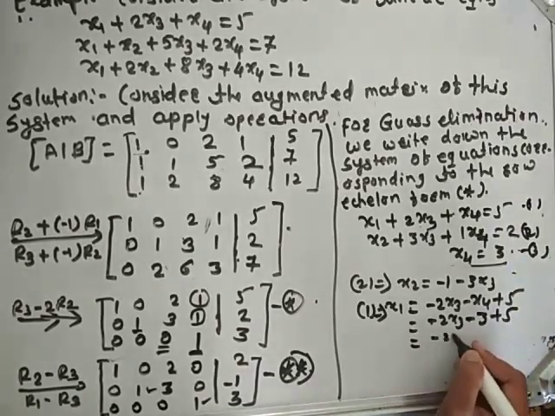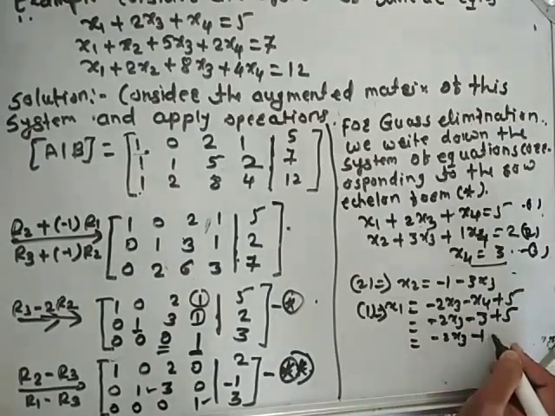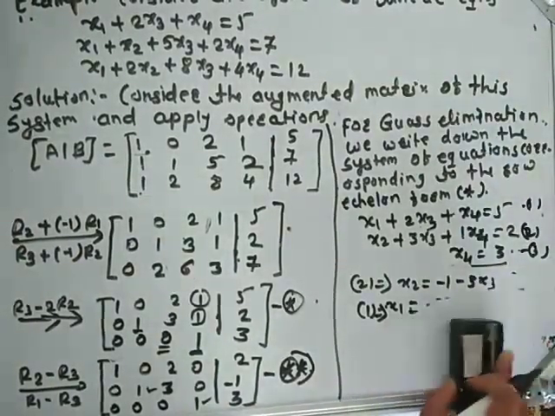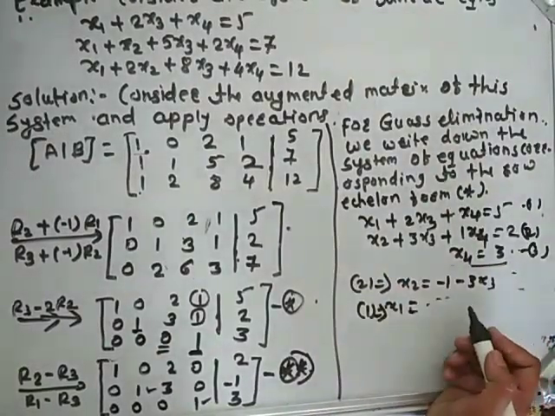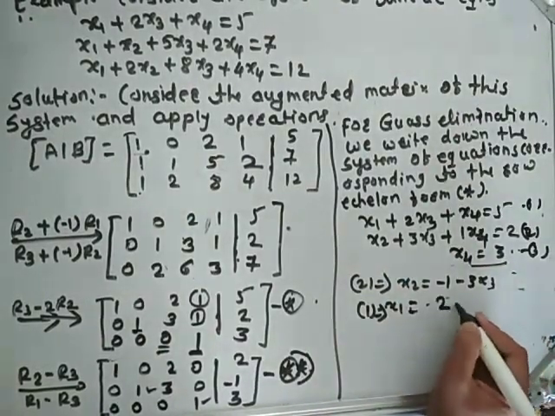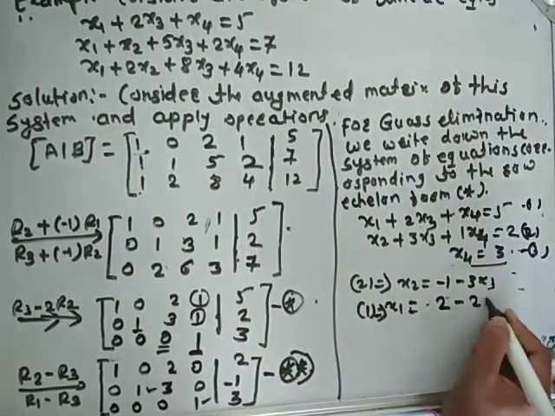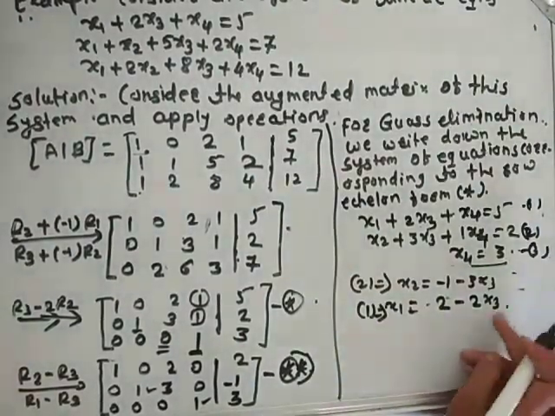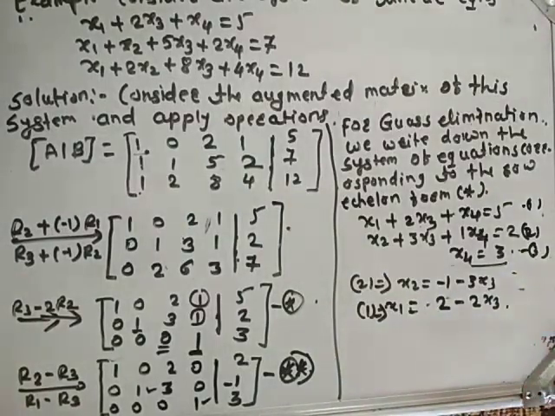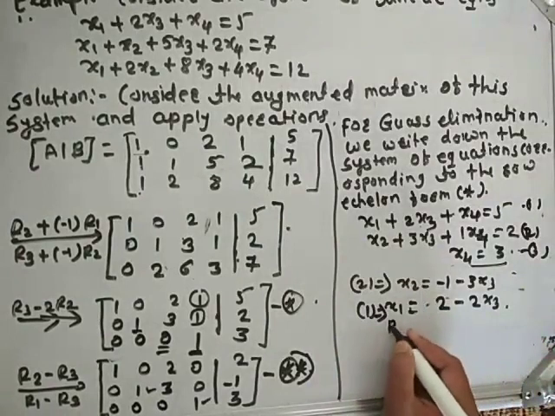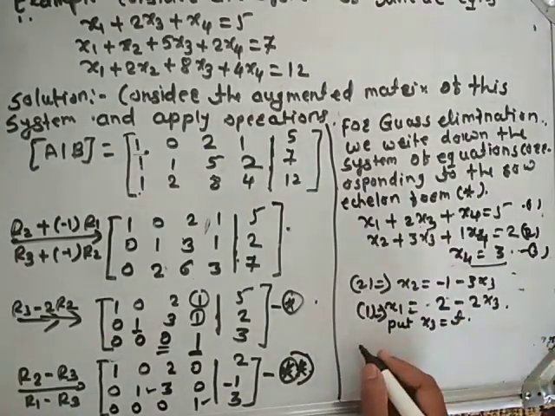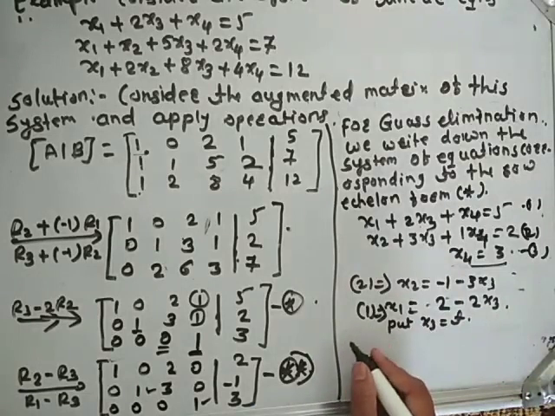This is nothing but minus 2x3 plus 2. This is your x1, so x1 is 2 minus 2x3. Okay. See here, this x3 is a free variable, so we can assign any value to it. Suppose we put x3 equal to t. Then we get the solution.